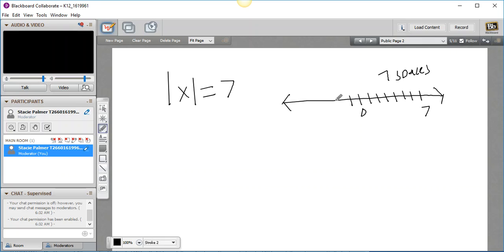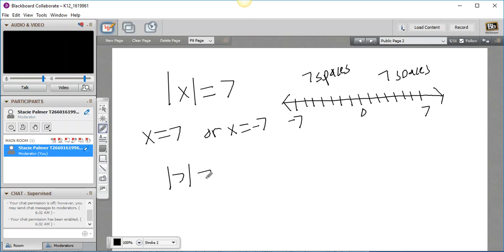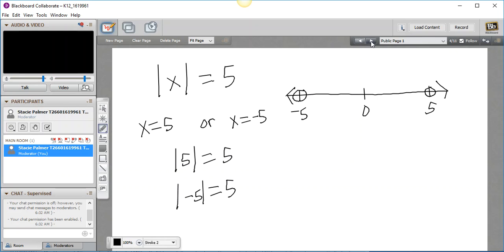And also 1, 2, 3, 4, 5, 6, 7. -7 would also give us a solution because -7 is 7 spaces away from 0 on the number line. Okay, so x could equal 7 or x can equal -7. Both of those make this equation true.